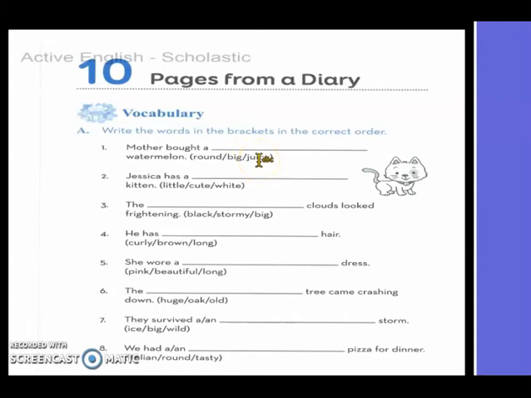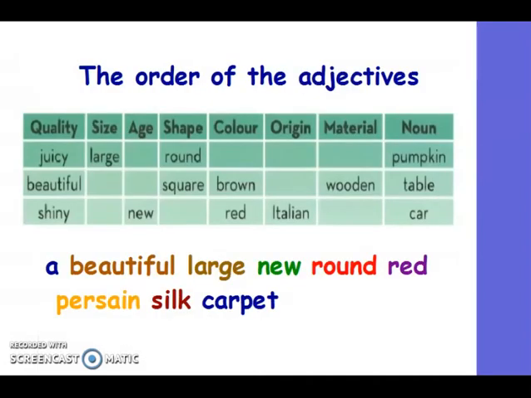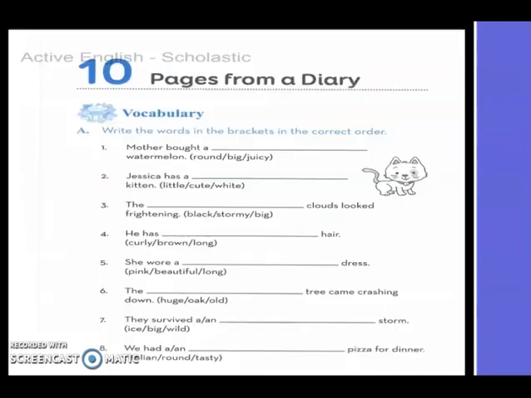So what is the correct order? We will start with the quality, then the size, and then the shape. Quality, size, shape. So this is the correct order: juicy, big, round.